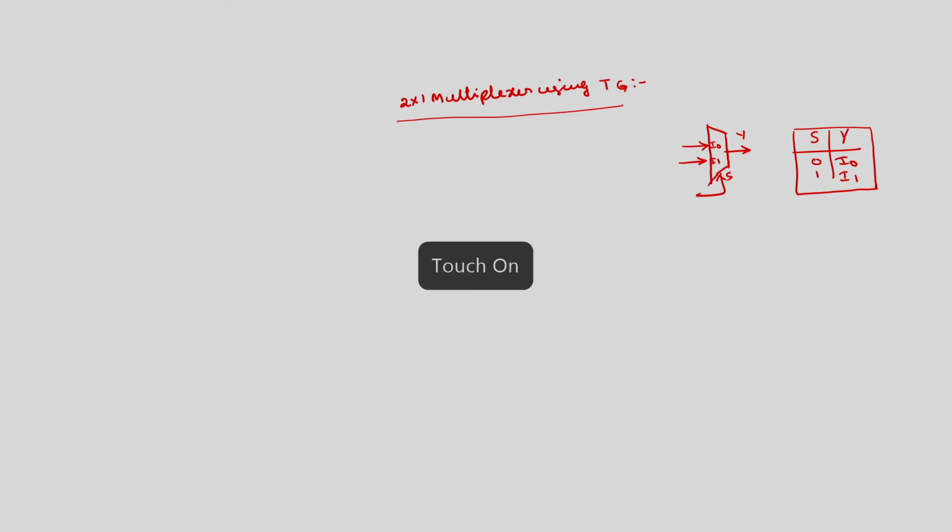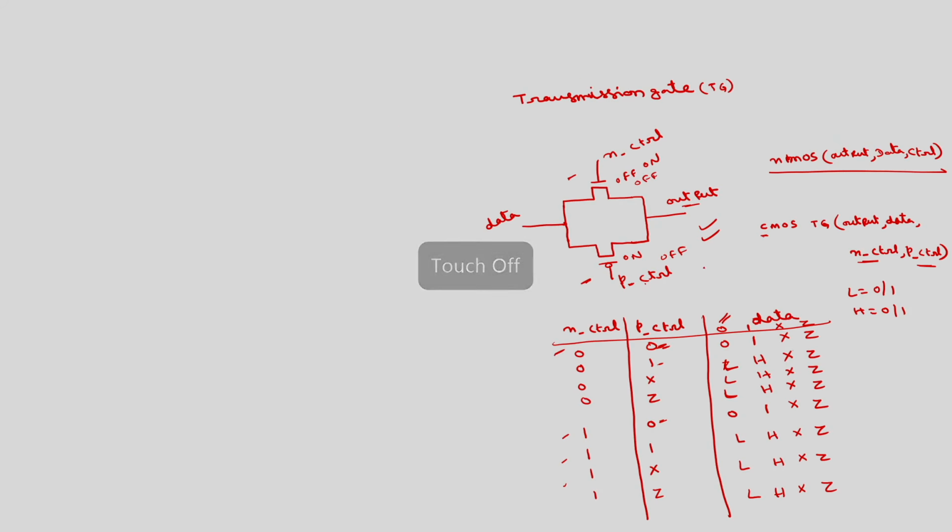So, the transmission gate can be equivalently written with a symbol, instead of writing these 2 gates. This will be represented by the PMOS, this is P control, this is N control, and this is data, this is output. Okay.